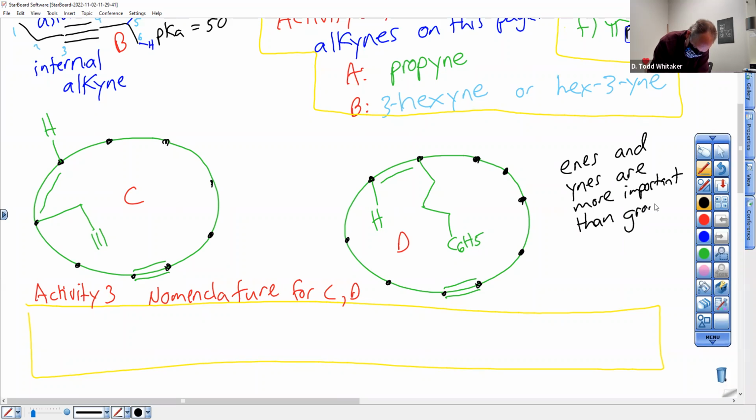So don't use as your decision-making process where those groups are. Your 2 choices for 1, 2, 3, 4, 5, 6 are these in both molecules. I'll go blue versus green, blue versus purple. You can number it going this direction, 1, 2, 3, 4, 5, or 1, 2, 3, 4, 5. Tell me why those are the only 2 possibilities based on this statement.